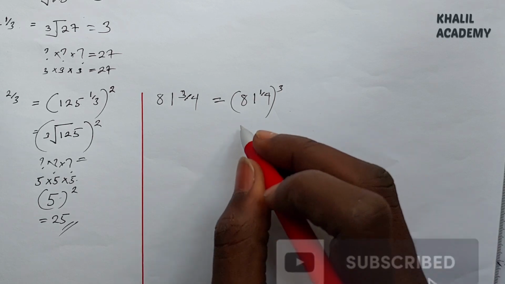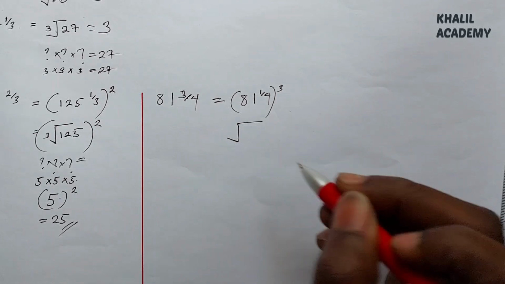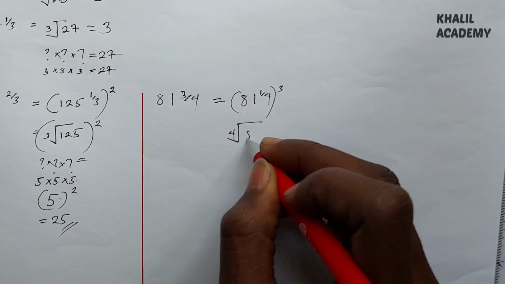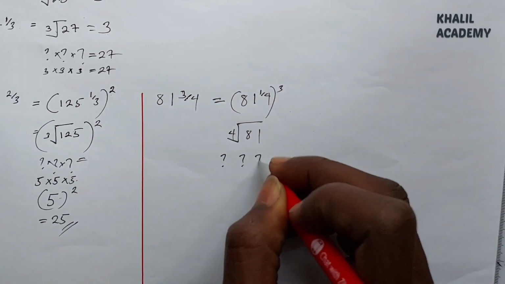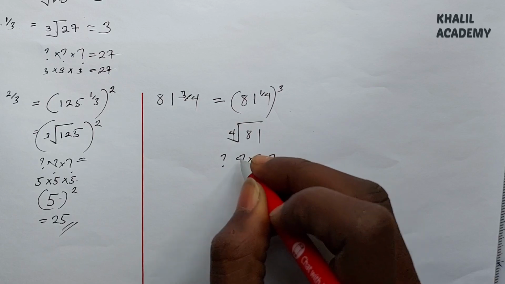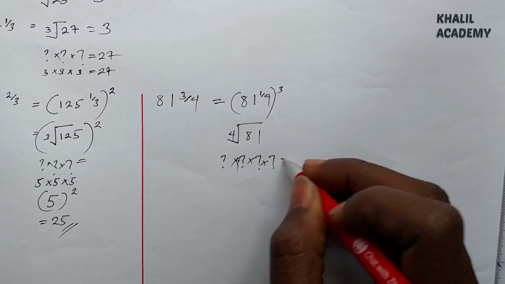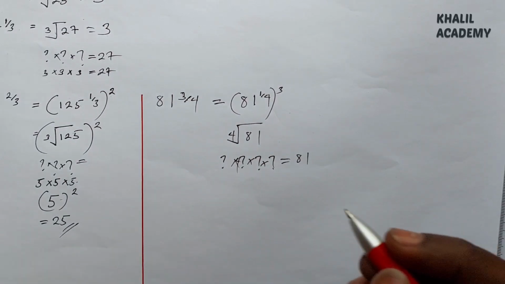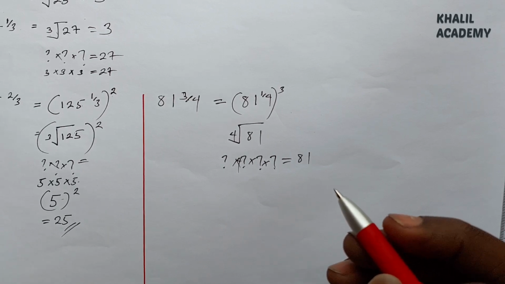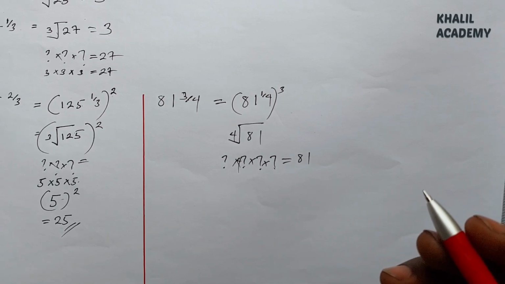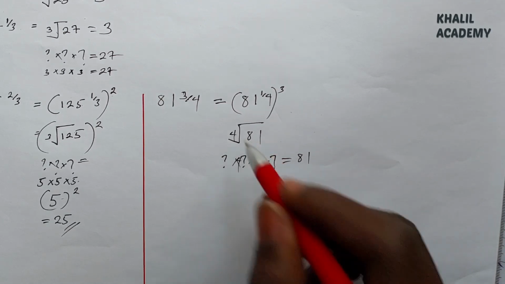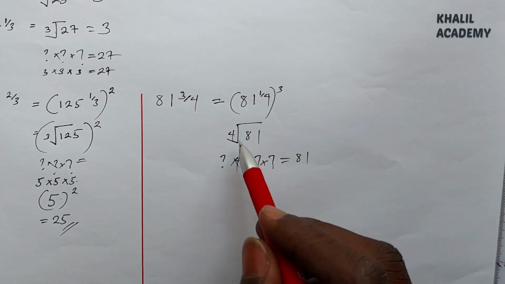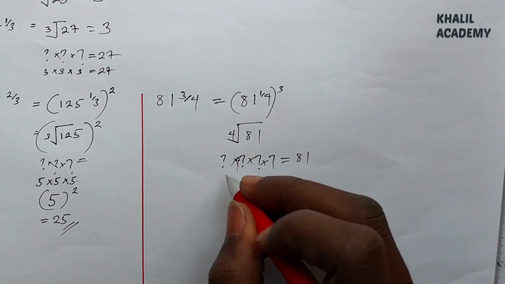In this case, you're going to see something we have not seen in the whole video: the fourth root of 81. In this case, it will be 4 numbers which, if you multiply, give you 81. If you punch it into a calculator, the fourth root of 81 is 3.